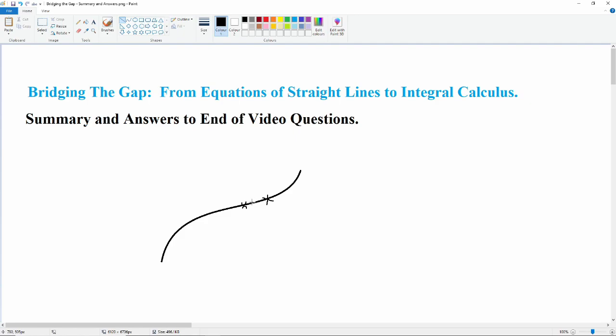And we've learned that the closer those 2 points get together, the closer the secant line comes to a tangent line, which is a line that just touches the curve at exactly 1 point. And the slope of that tangent line is the slope of the curve at that precise point.